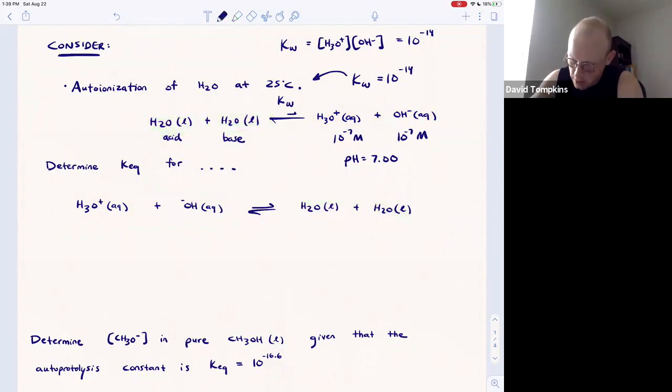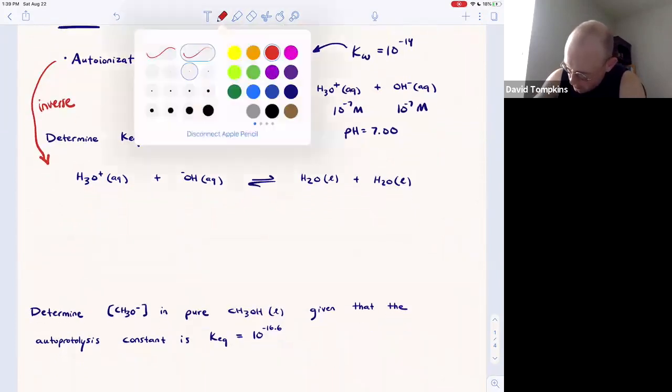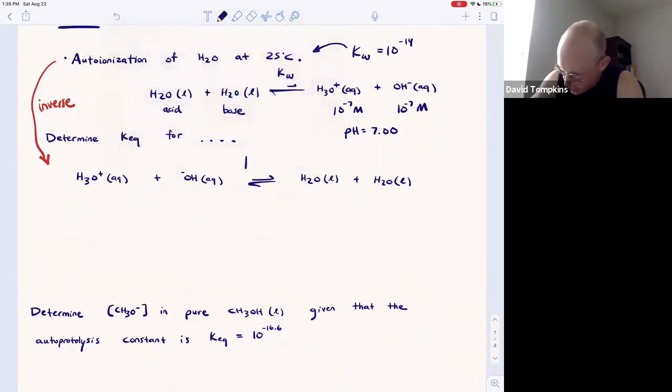Okay, so this is the inverse or the reverse of the autoionization, which means the equilibrium constant here, Kq, should be the inverse of Kw. 1 over 10 to the negative 14 gives 10 to the positive 14.